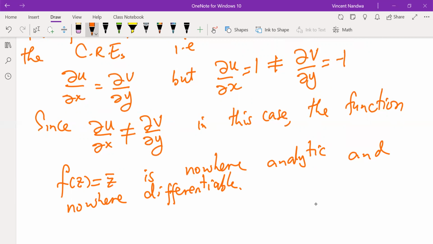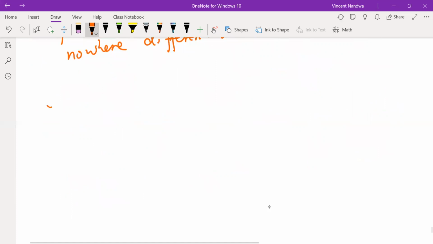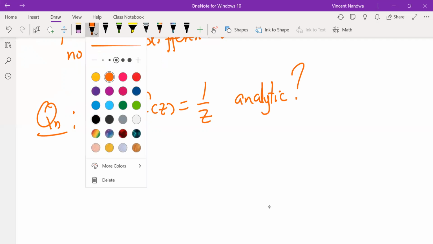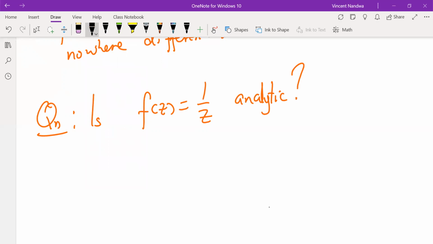Question of the same nature before we stop. Is f of z given by 1 over z analytic? Now here, let z be x plus iy. This is by definition.